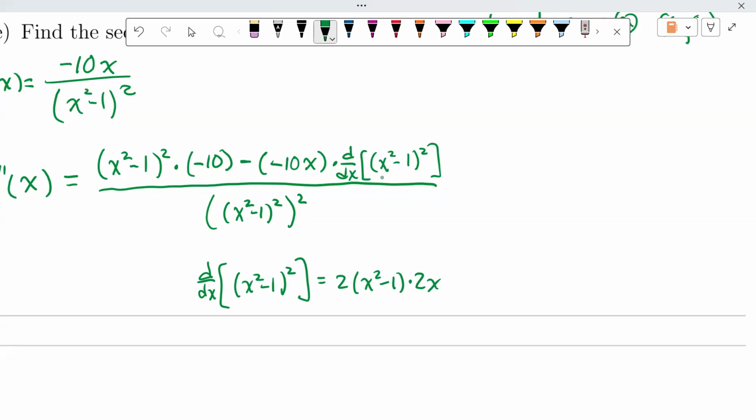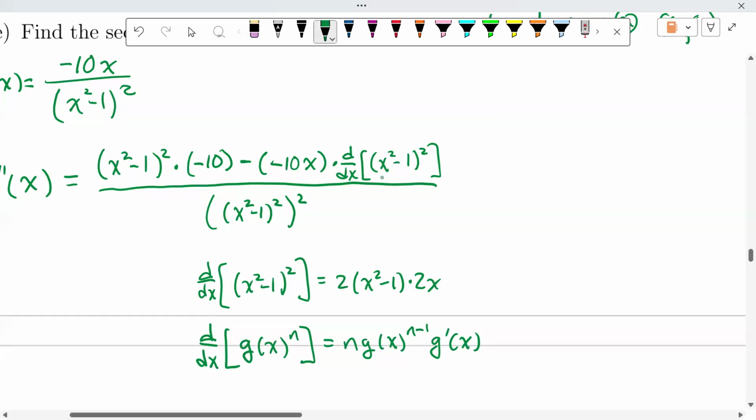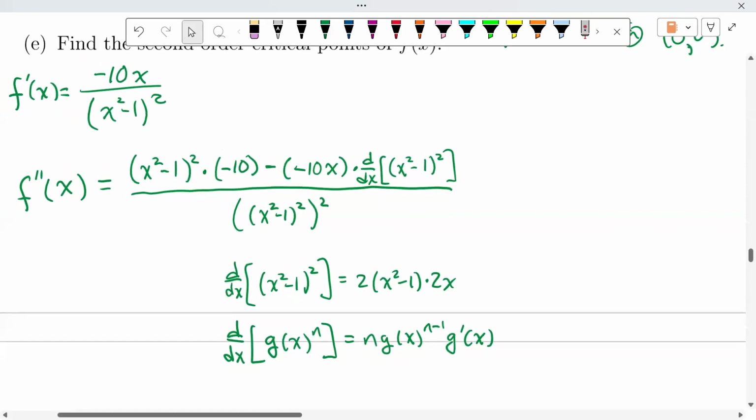Right, we're using the general power rule here, which if you haven't memorized this, it may be time to consider getting a tattoo. It is n g of x to the n minus 1 times g prime of x. One of these days I'm going to get in trouble. Some parent's going to call me and say, you won't believe what my son got on his arm.